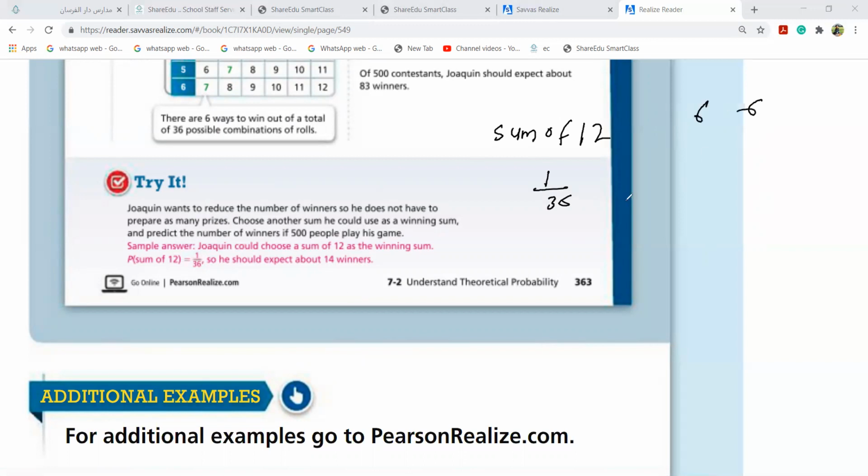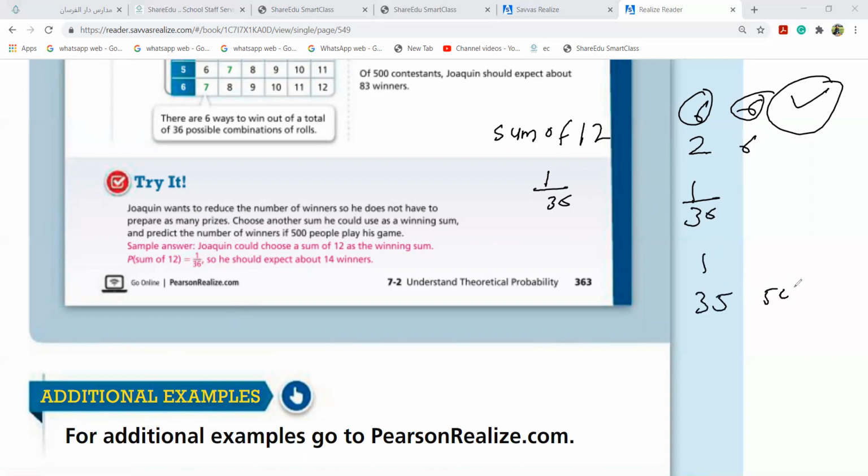Only 6 plus 6. Anything else, you have to have 6 and 6, then only you will get 12. There is no chance of getting 2 plus 6 and nothing. So there's only one chance of getting this. That's why I wrote 1 over 36. You should expect, if 1 is for 36, so for 500, how much? 1 over 36 times 500. If I divide this, I get 14 winners.